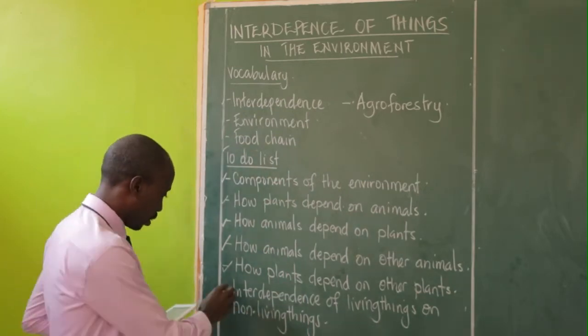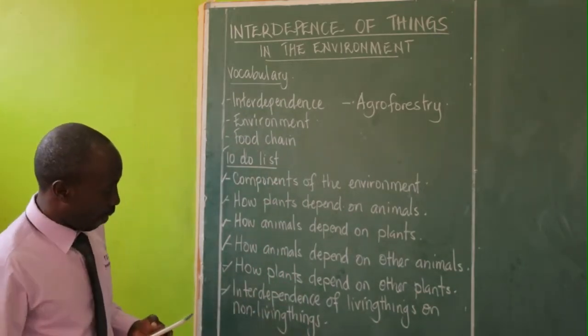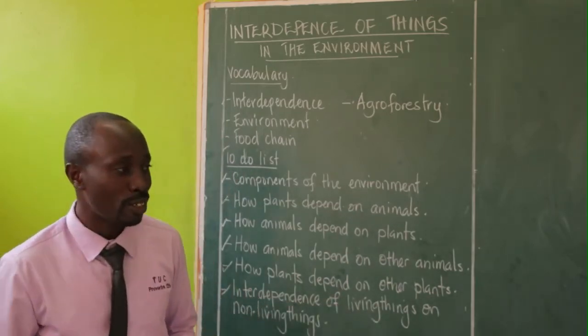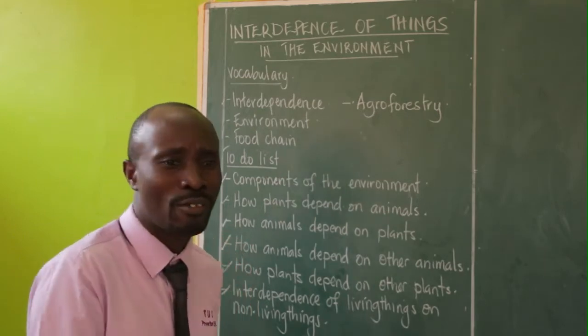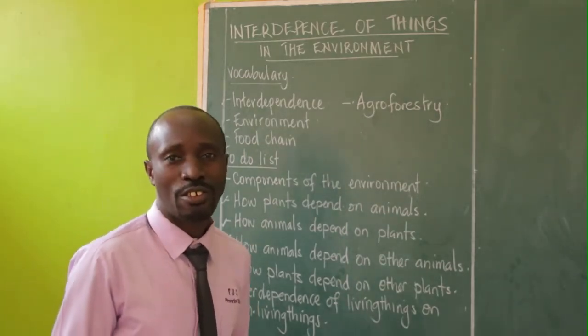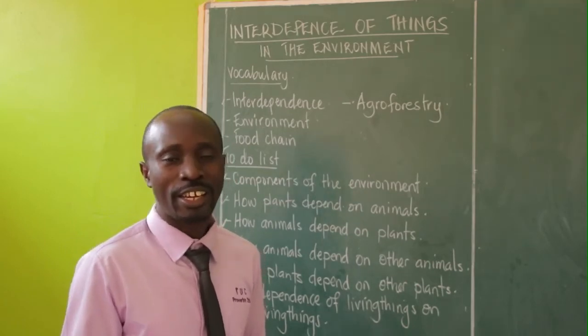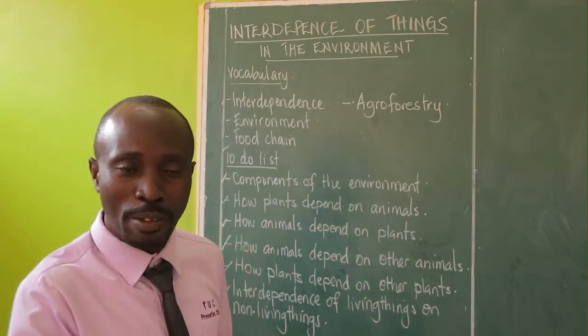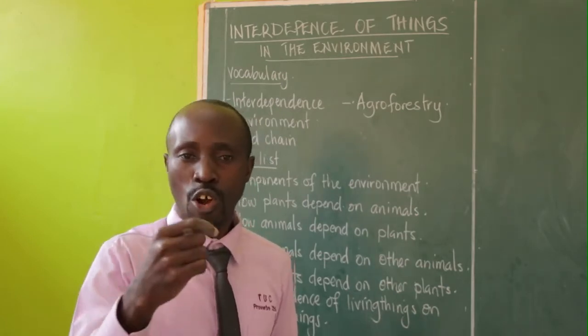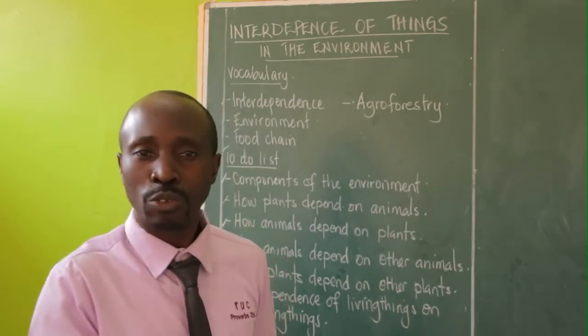Let's look at this last one, the interdependence of living things on non-living things. How do living things depend on non-living things? For example, do you need a non-living thing? Yes. Humans need non-living things like air, because we breathe in air, and that is oxygen, normally for respiration.